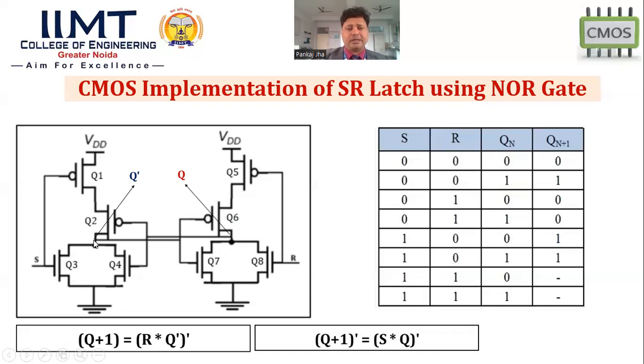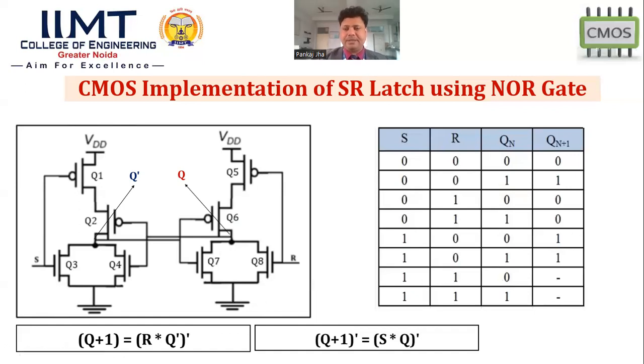If Q bar is 1, this will put transistor Q7 in saturation mode and again we will get Q equals 0. So by applying different logic across this CMOS implemented circuit using NOR gates, we can get the desired output as discussed in the previous slide.